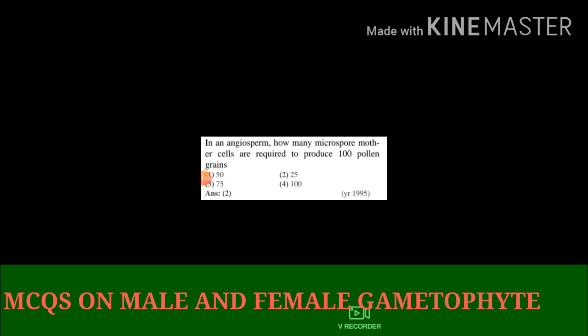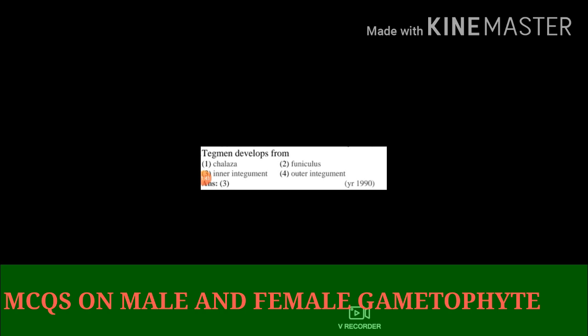From a single microspore mother cell, 4 pollen grains are produced, and for 100 pollen grains only 25 microspore mother cells are required. Due to this, here the answer is 2, 25 is correct.